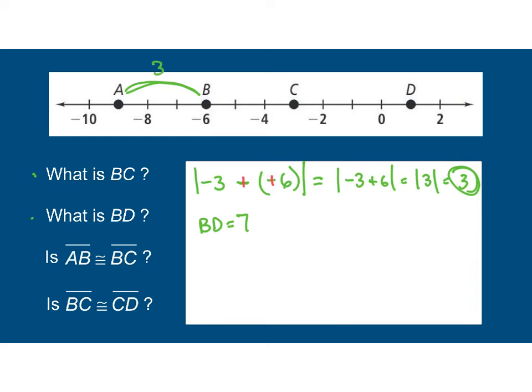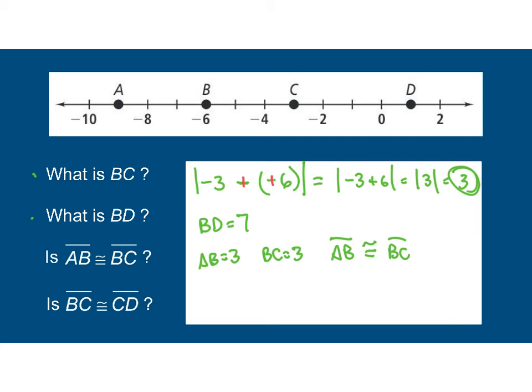And how about BC? That also is 1, 2, 3 units away. So because they're both 3, AB is 3, BC is 3. Therefore, I can say segment AB is congruent to segment BC. And the last one, is BC congruent to CD?